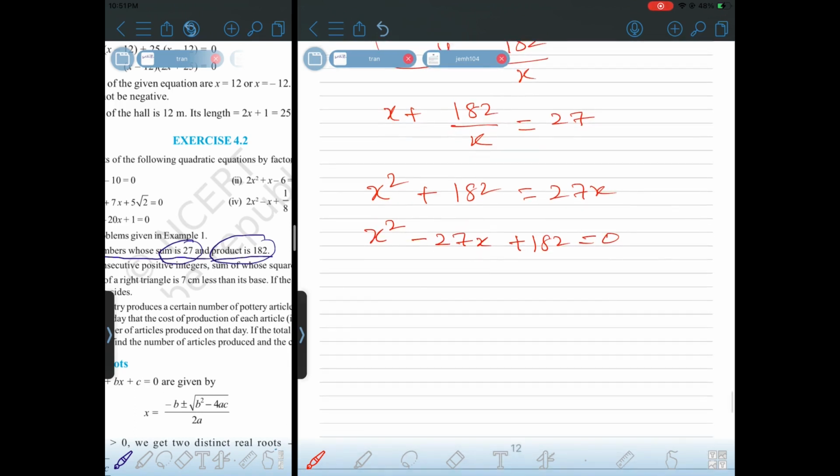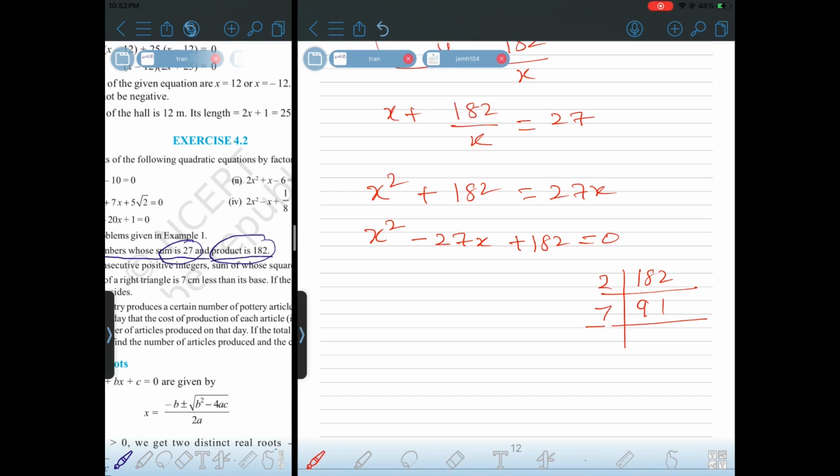So here we have to find the factors of 182. 182 gives us 2 9s are 18, 2 1s are 2, and then we try with 3, not 3. I think we have to try with 7 because we can't divide by 3.